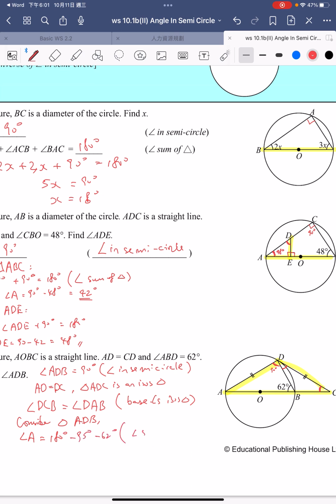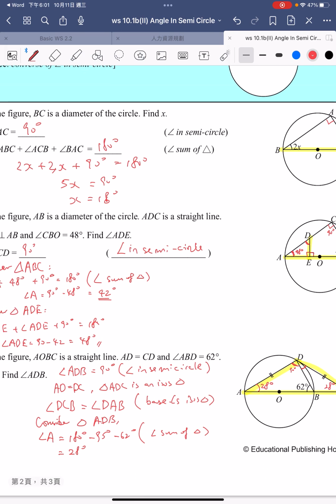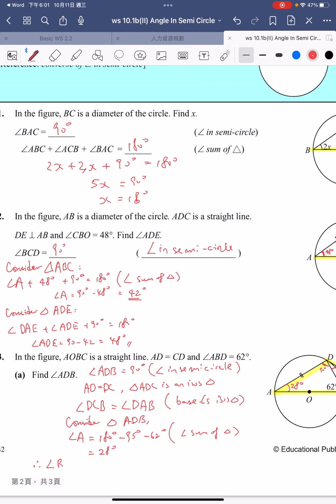The reason is the angle sum of a triangle, this one will give you the answer, which should be equal to 28 degrees. So now I have this equal to 28 degrees as the base angle. The angle C is equal to 28 as well. So now we have our angle BCD is equal to 28 degrees.